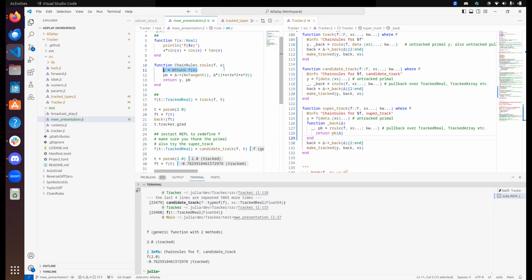You cannot. Yeah. So one barrier, I think, which is maybe less technical, is that chain rules does not expect people to thunk the primal. The thunk is purely reserved for the actual tangents, cotangents, I believe.